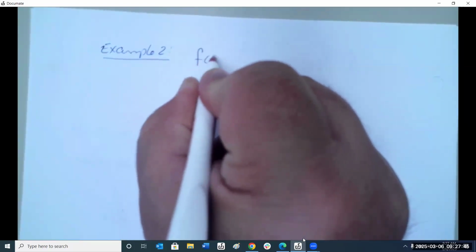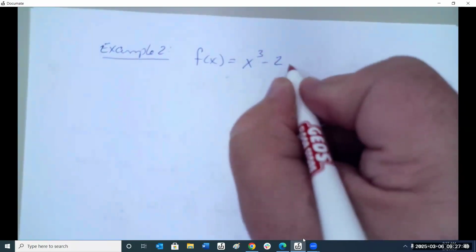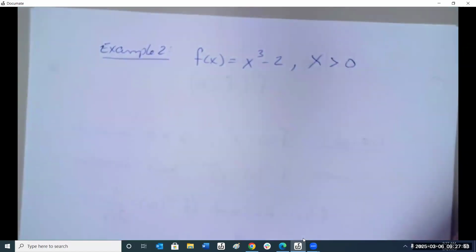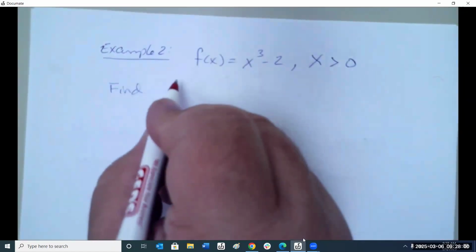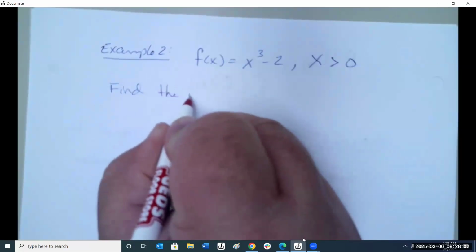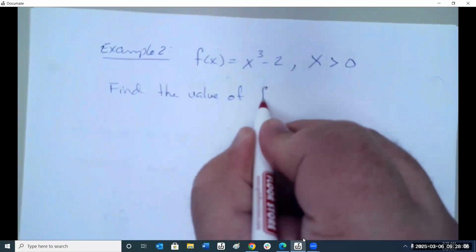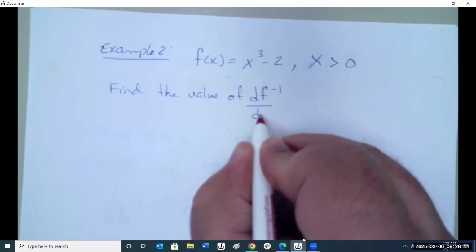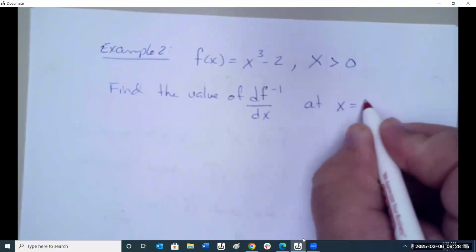Let f of x equals x cubed minus 2, where x is greater than 0. Find the value of the derivative of the inverse at x equals 6.